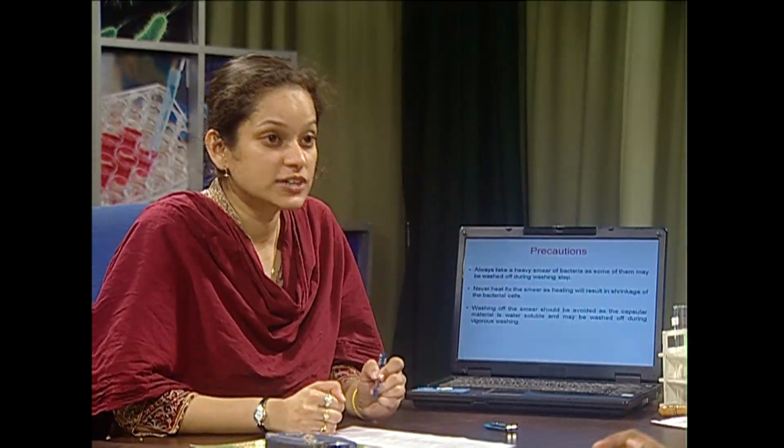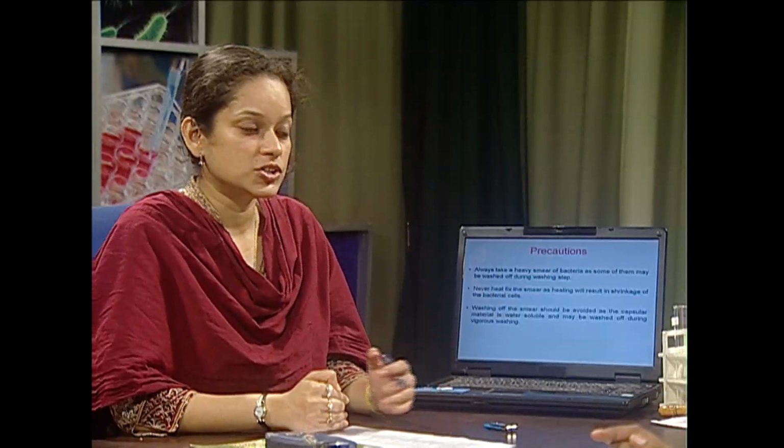And we generally take a heavy smear of bacteria as we are not heat fixing, so some of the bacteria might be lost during the staining process.